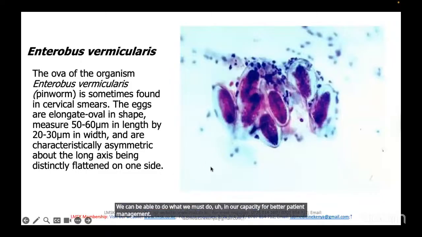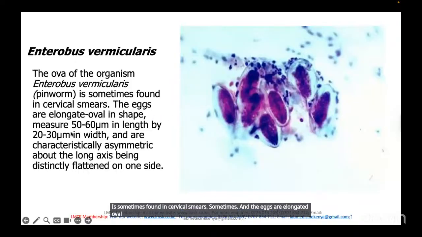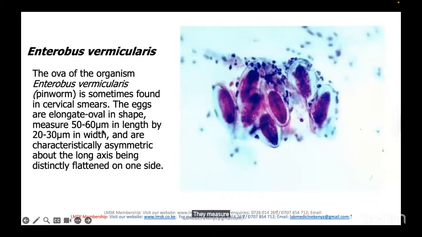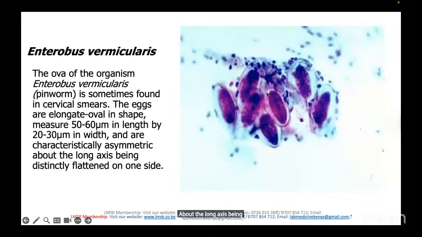We also have Enterobius vermicularis, the ova of which are sometimes found in cervical smears. The eggs are elongated and oval in shape. They measure 50 to 60 micrometers in length by 20 to 30 in width and are characteristically asymmetric about the long axis, being distinctly flattened on one side.